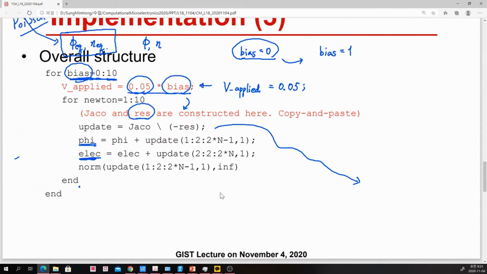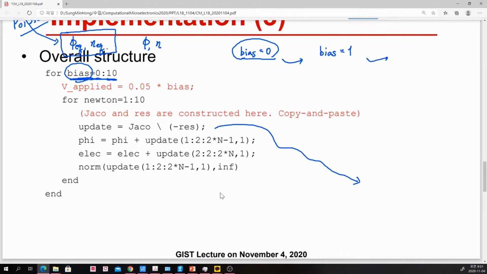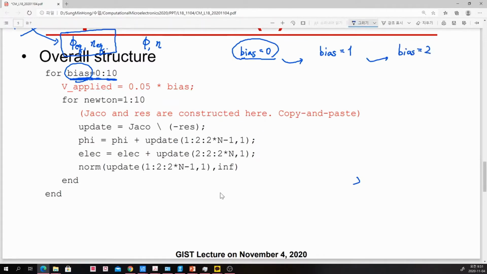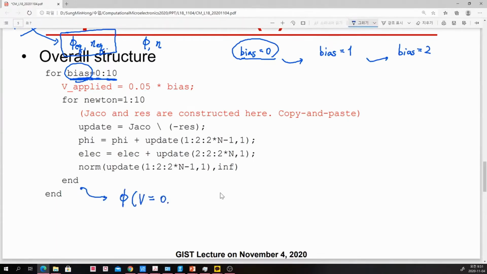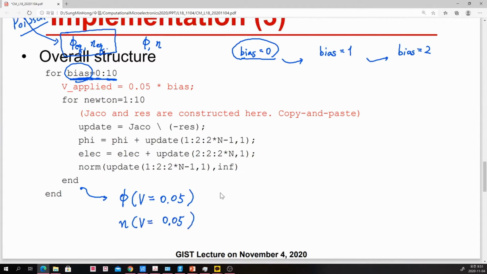Finally, let's consider the next case or other general case, like bias equal to 2. After successfully running this bias 1 case, now here you have a solution phi at applied bias voltage of just 0.05 and electron density with applied voltage of 0.05.